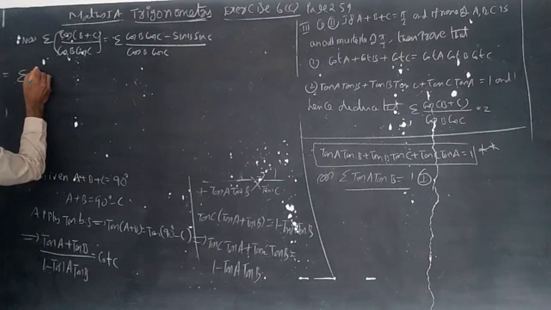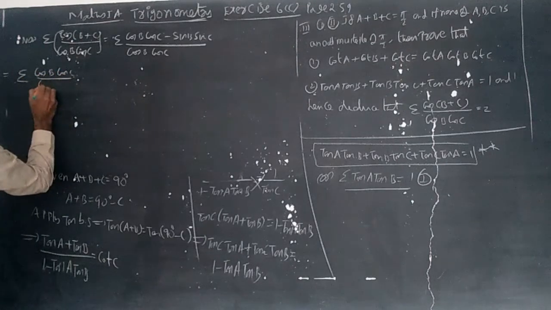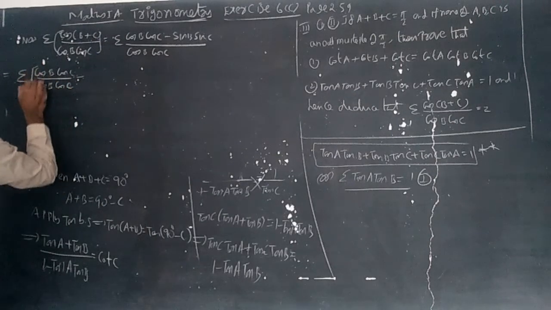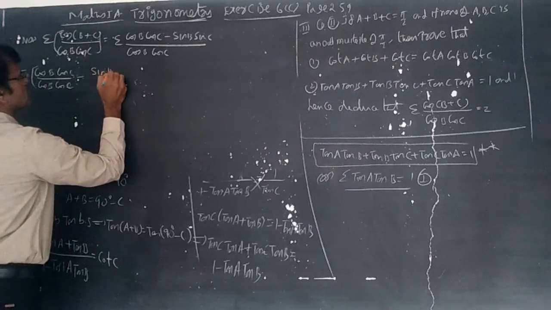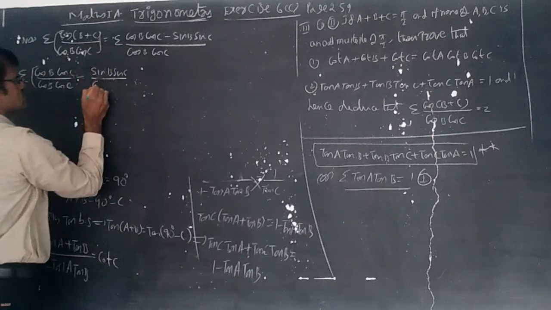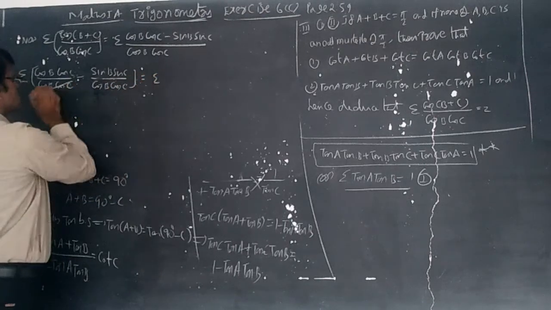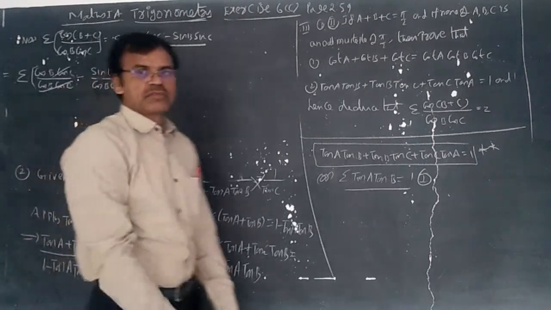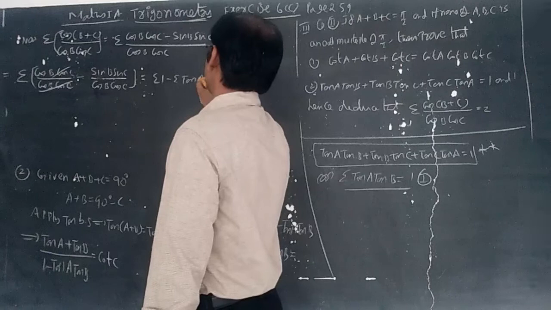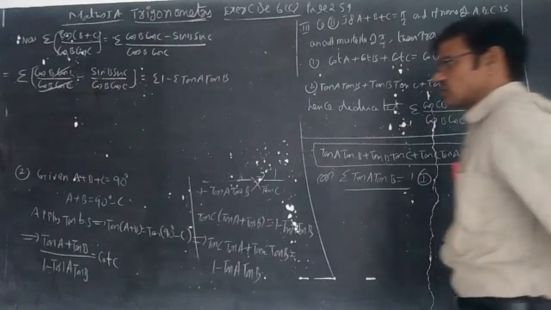That is equal to, writing separately, cos b cos c by cos b cos c minus sin b sin c by cos b cos c. This gets cancelled. You can write sigma 1 minus sigma tan a tan b. I said here sigma tan a tan b is equal to 1.